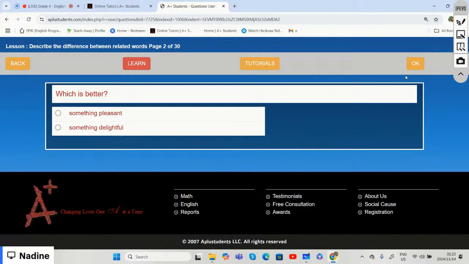All right, so we need to say which one is better. Is it something pleasant or something delightful? Something pleasant or something delightful?